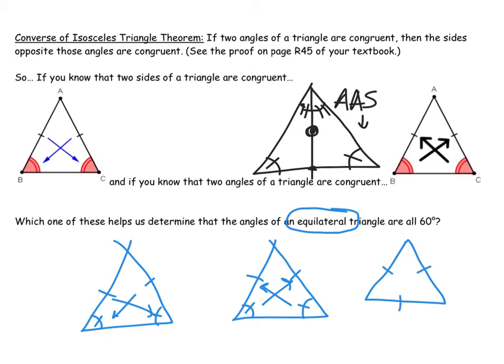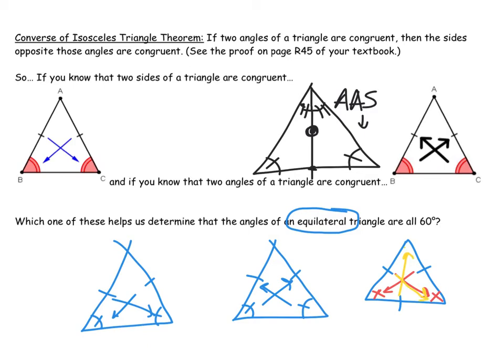is congruent to this. So that tells me that these two sides are congruent, so I'm going to call them X and X. But it also tells me that these two angles are congruent, opposite those congruent sides.